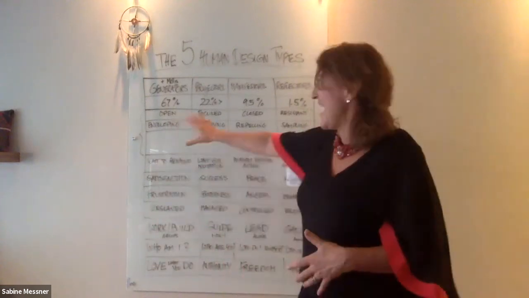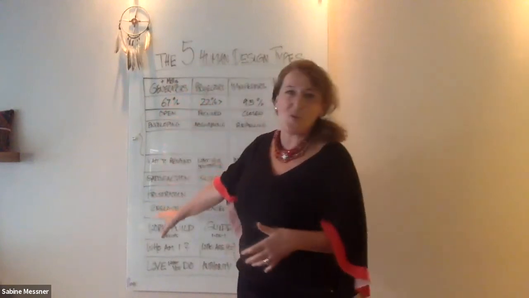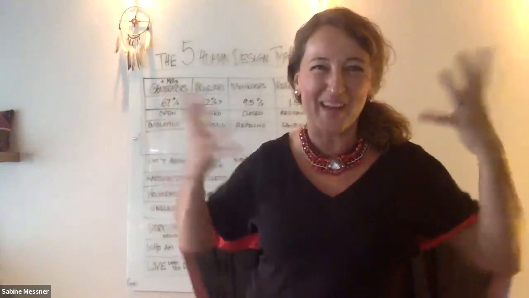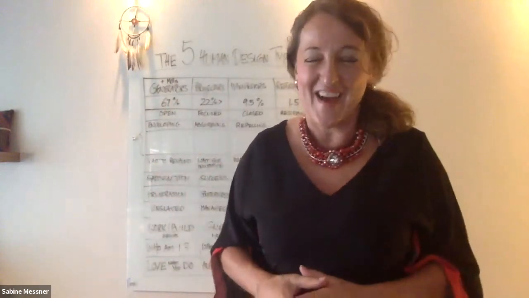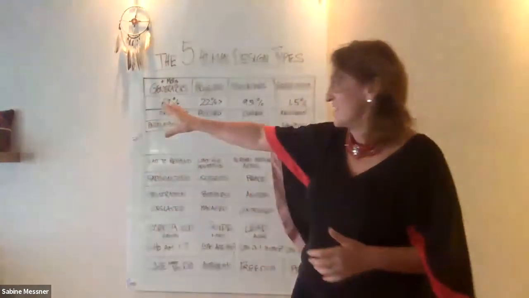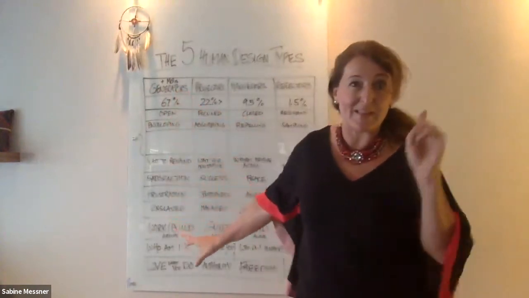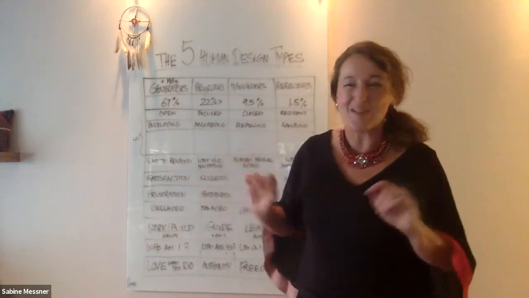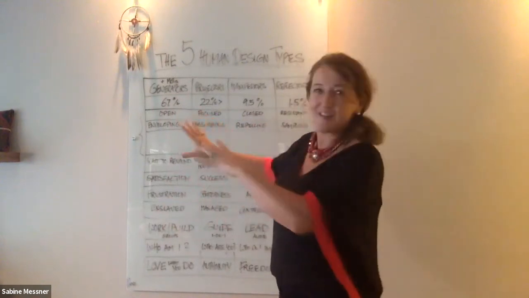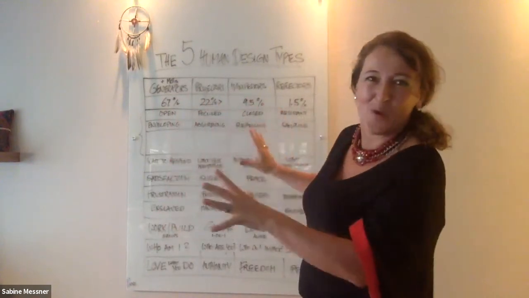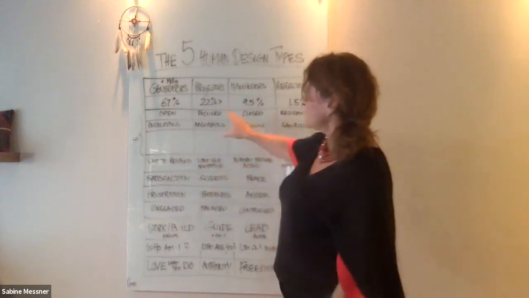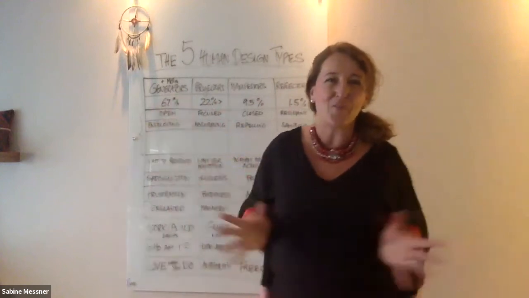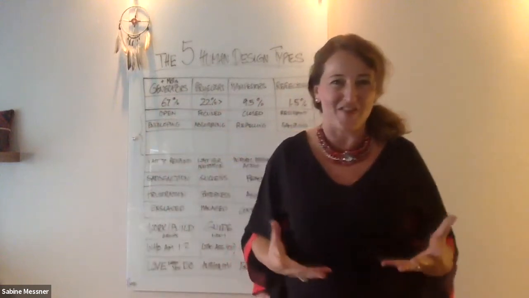So that's what the majority of the humans in this current iteration that we're in are: 70% generator types. It wasn't always that way, and I'll explain to you in a moment what's so fascinating about that. But let's just first take a look at what we are looking at right now. We have about 22% of the world population in the projector design.